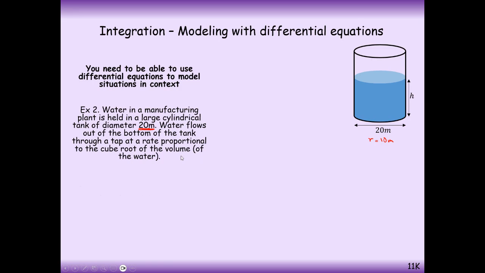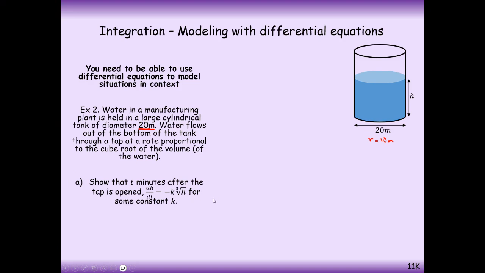Right, we are asked to show that t minutes after the tap is opened, the derivative of height with respect to time, that is the height of the water, is a negative constant multiplied by the cube root of h, for some constant value of k.